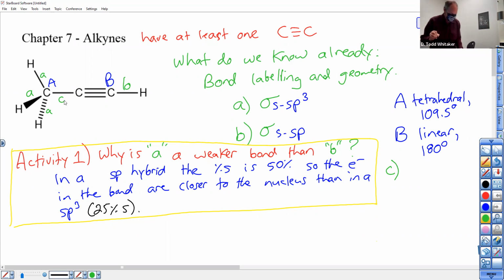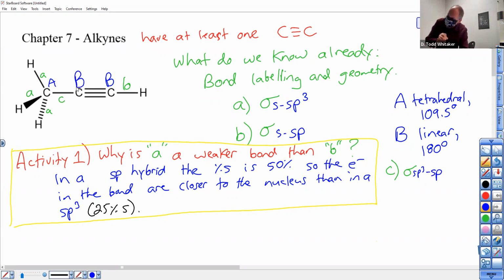Bond C. How do you know it's a sigma? There's only one bond. What's the hybridization of the carbon on the left? That's this one right here, sp3, and the carbon to the right, sp, which means this is also a label B, right?